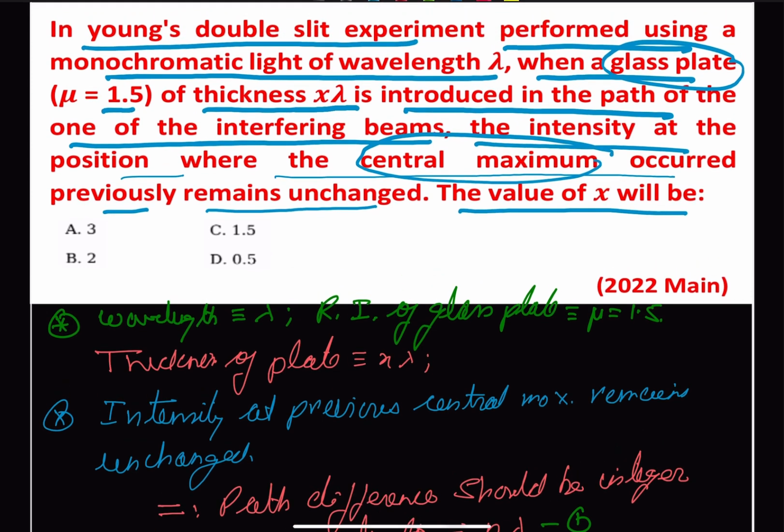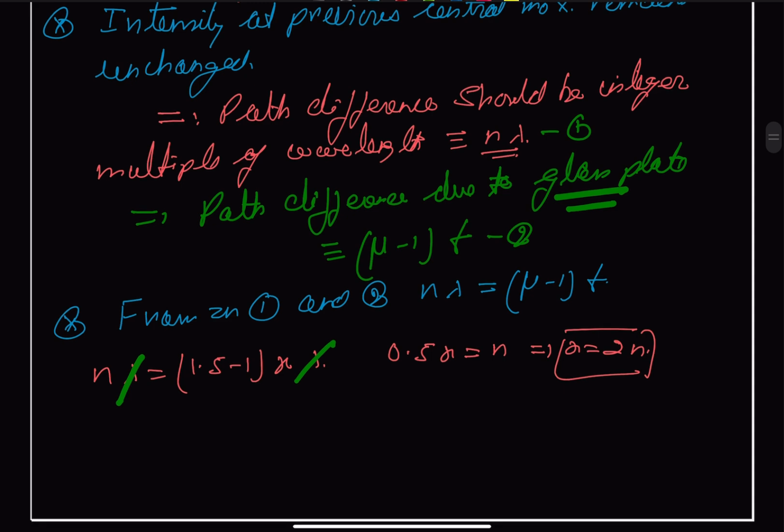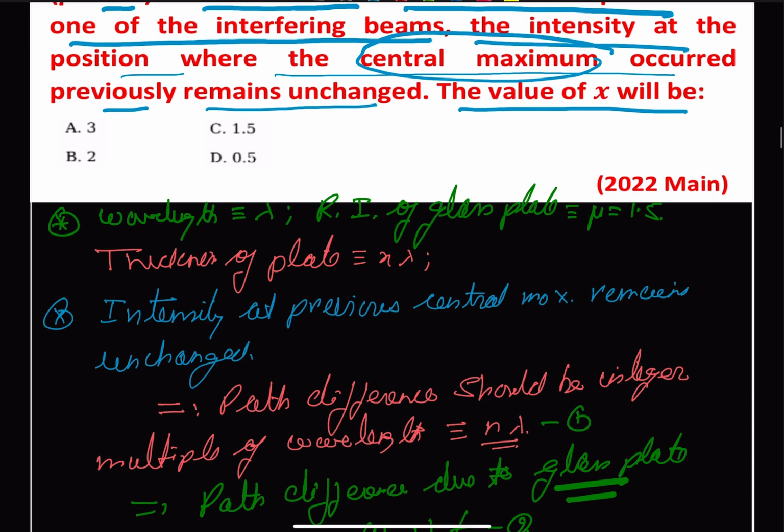It will be an integral multiple of n, so n will be 1, 2, 3, 4 and 5. So from here we can easily see that option B is the correct one.